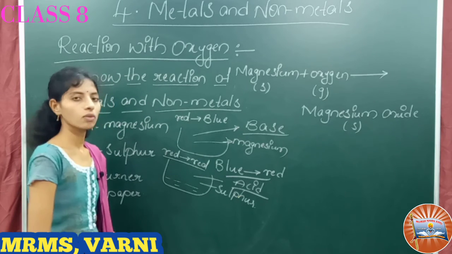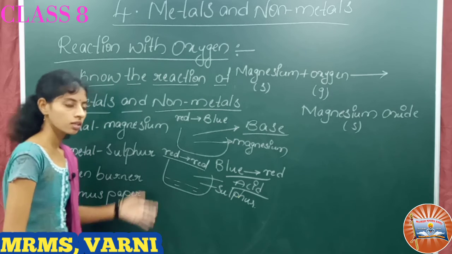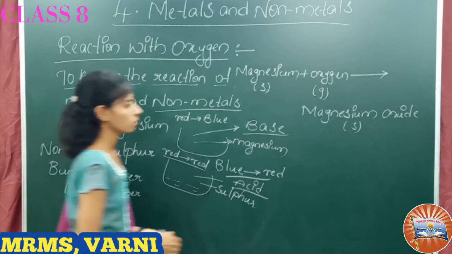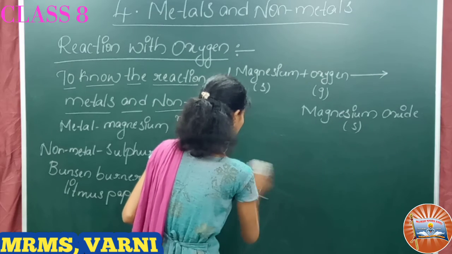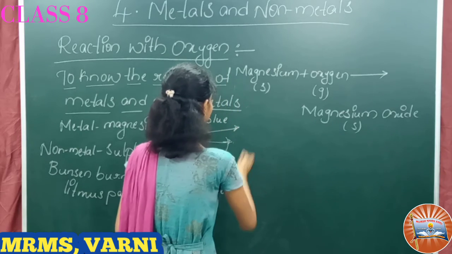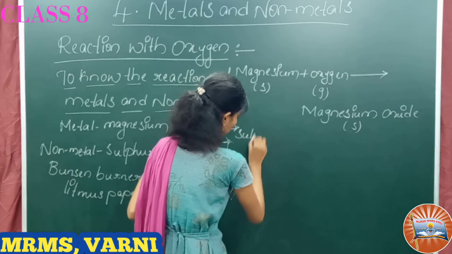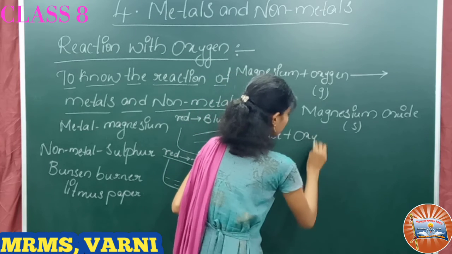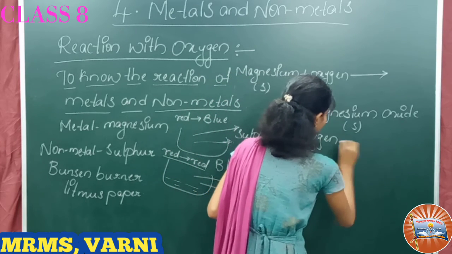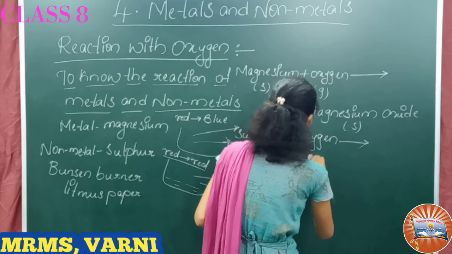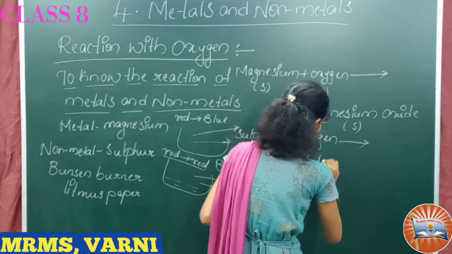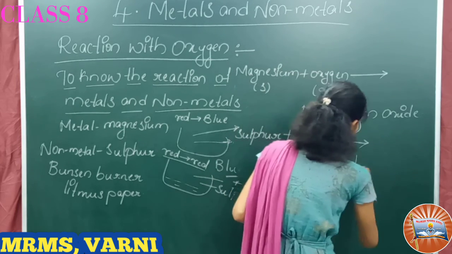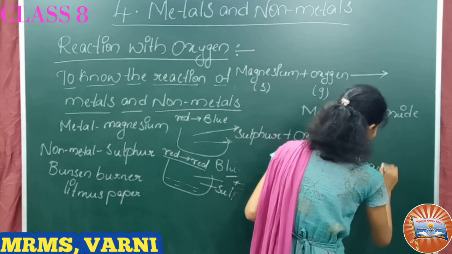And when the sulfur is burning, it also reacts with oxygen. So here the chemical equation is: sulfur reacts with oxygen and gives sulfur dioxide.